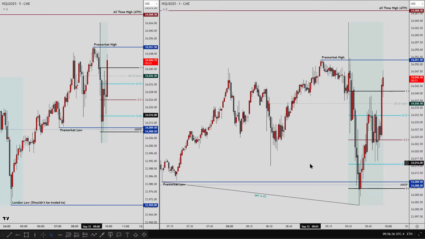But yeah, would you use the 9:44 candle as the first represented fair value gap? Let's check. Yeah, I guess you could use that. Let's see. No, I wouldn't use that.